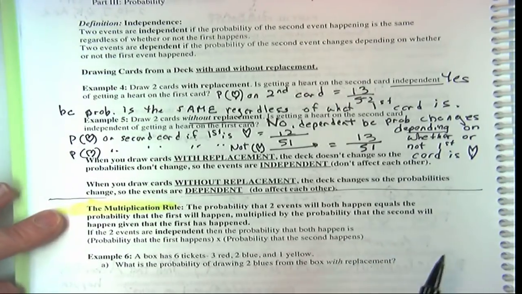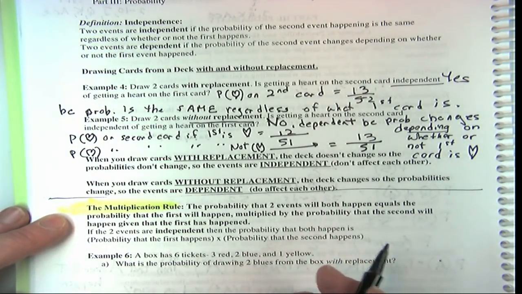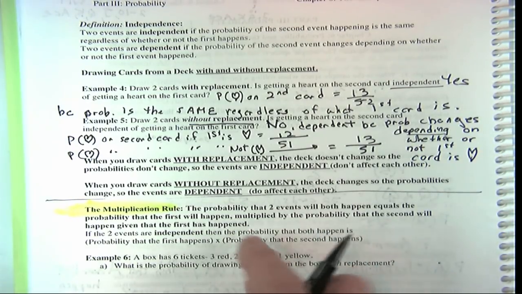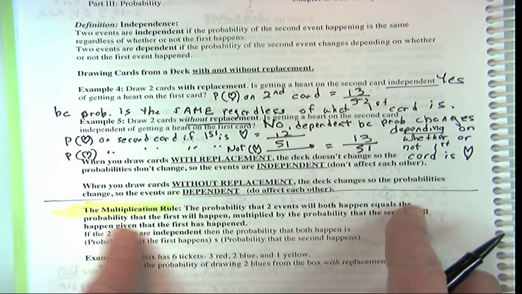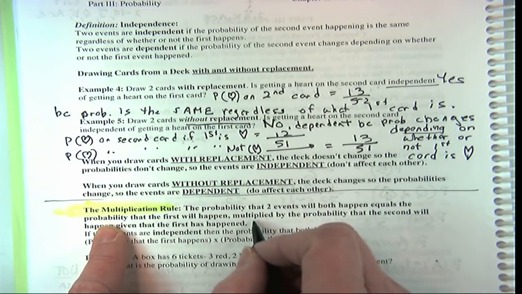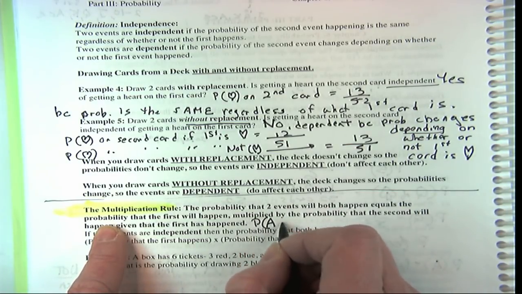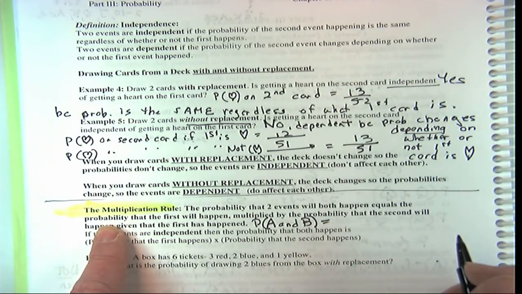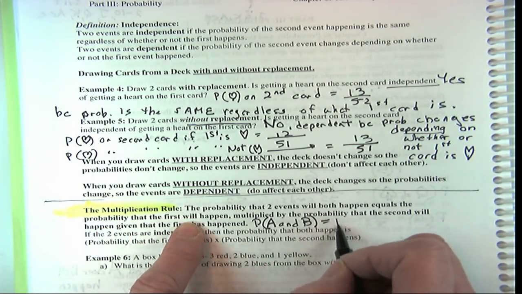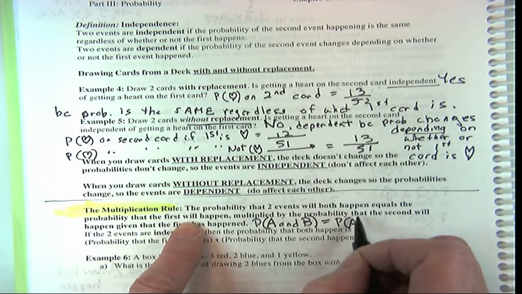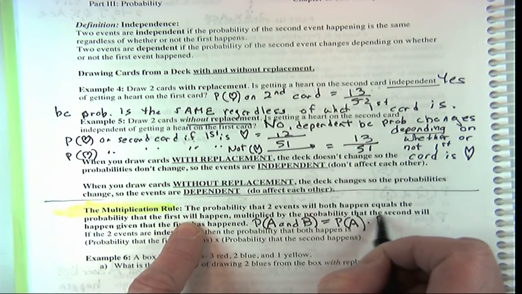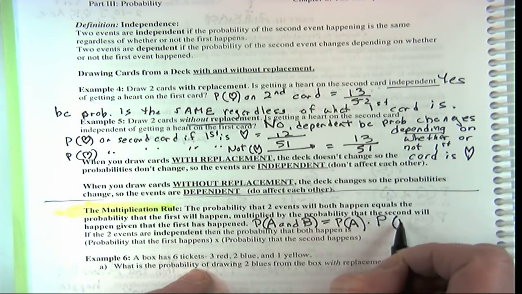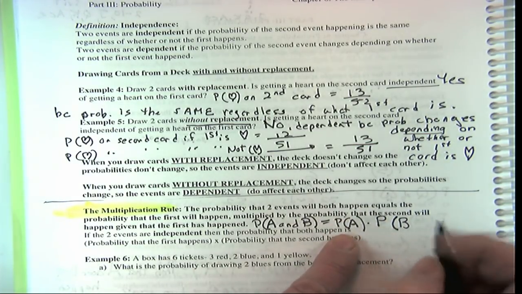So the multiplication rule is that the probability that two events will both happen, so that's the probability of A and B both happening, is equal to the probability that A will happen, times the probability that B will happen, given that A already happened.